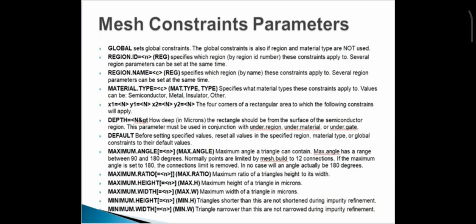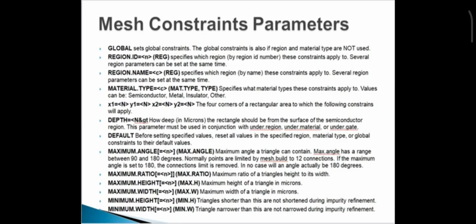This parameter must be used in conjunction with under.region, under.material, or under.gate statement. Default: before setting specified values, reset all the values in the specified region, material type, or global constraint to their default value. By typing default, you can reset all the values.